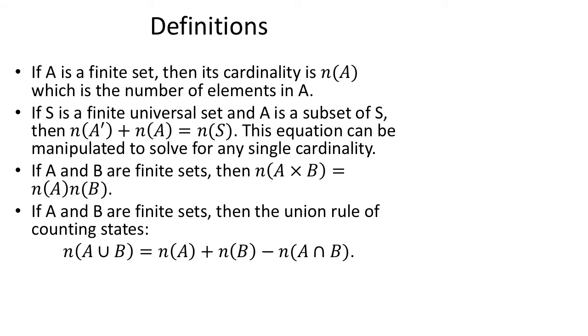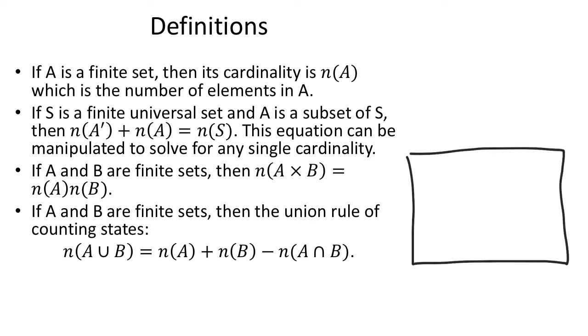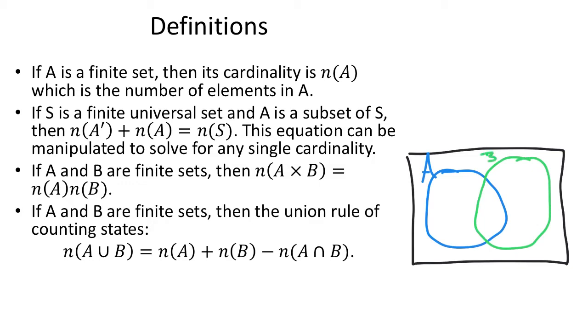Suppose we have a universal set S. We have the set A. We have the set B. And we want the union. But look what we do. When we count everything in A, see how we count this intersection piece once, right?